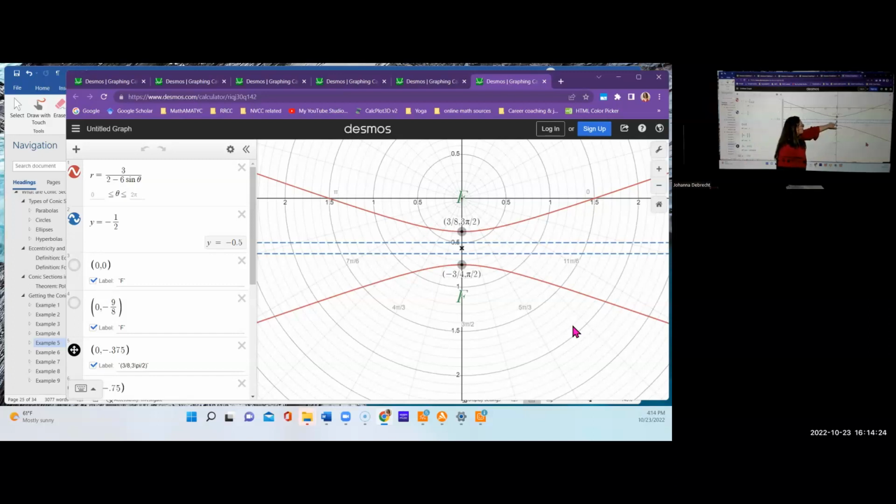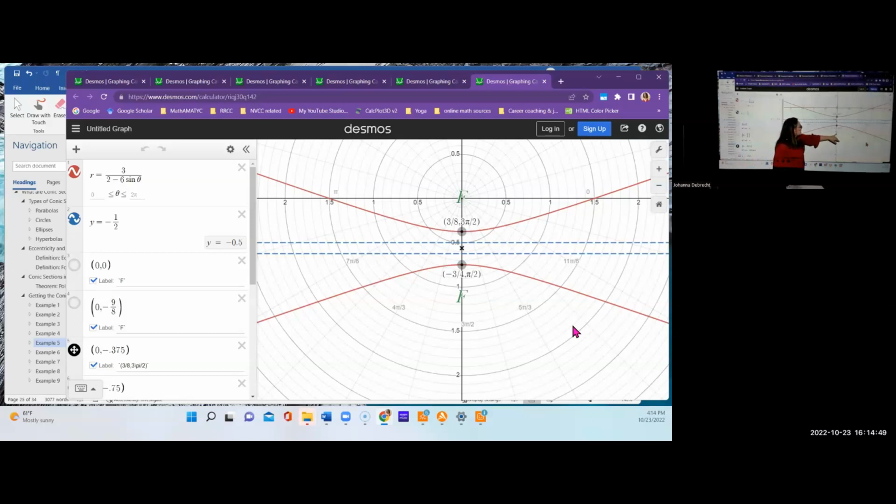Take this value that we have here for the center, which I believe is 9/16, and add another 9/16. So that would give us 18/16, which will give us the other focus point down here. Yes, 18/16 gives us -9/8 in the rectangular system.